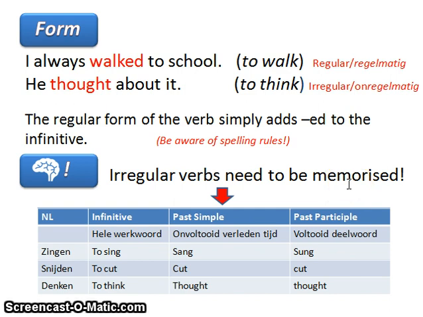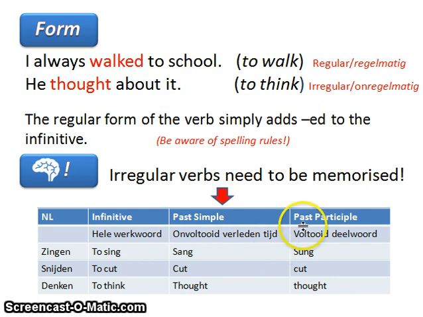In the back of the book, of every book, is a list of verbs. They usually go in this format. You get the Dutch translation of the verb. Next to it you get the infinitive, which is often referred to as hele werkwoord. The second row is the past simple, or the onvoltooid verleden tijd.